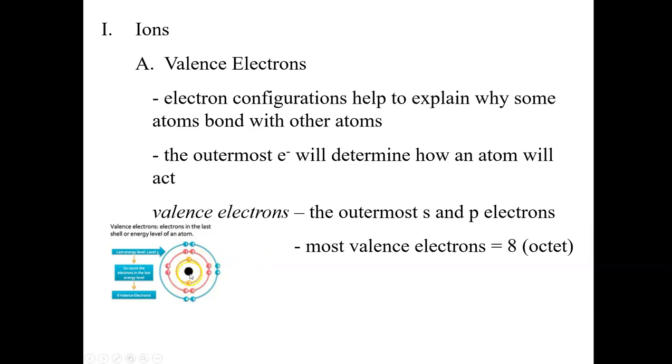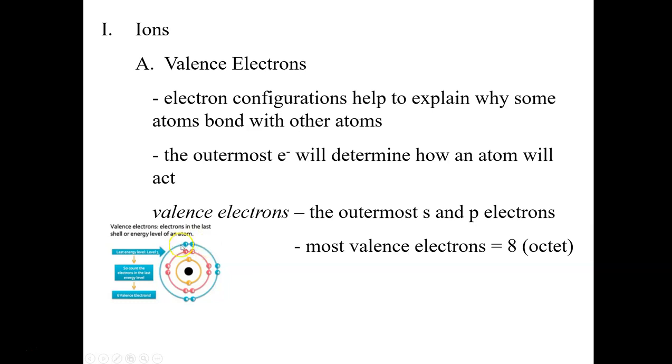So for instance, this right here would be a 3s2 3p4. How do I know that? Because it has 3 energy levels, so I know it has a third energy level here. And it's got 6 electrons, and you always fill the s first.